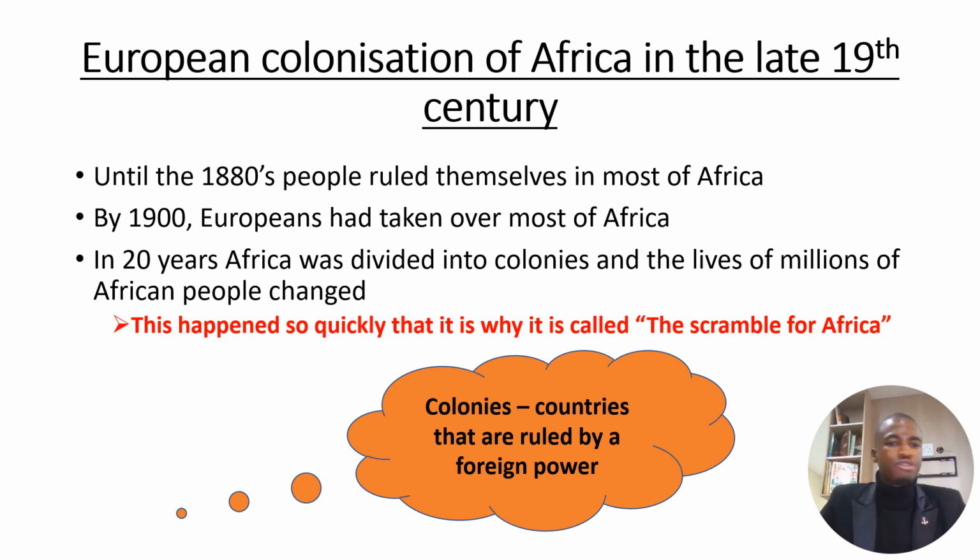In the space of 20 years, Africa was divided into colonies and the lives of African people had changed drastically. Why do we call this the Scramble for Africa? We call it that because it happened so quickly that everyone was scrambling and rushing to take a piece of Africa. When you speak of colonies, we are speaking of countries that are ruled by a foreign power.